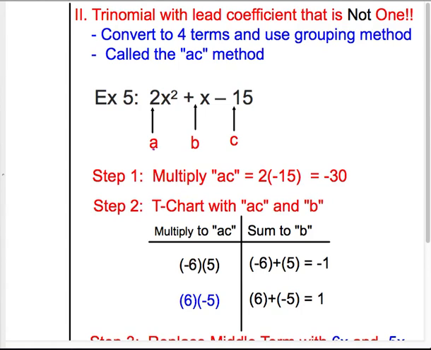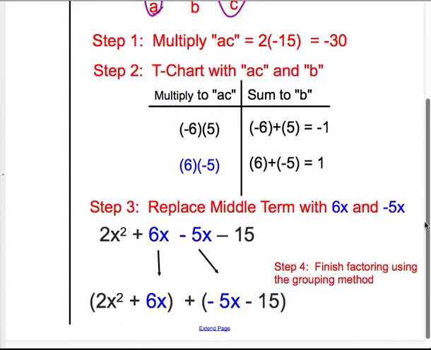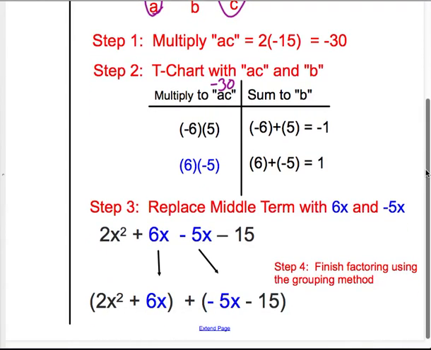Our A is 2 and our C is negative 15. So 2 times negative 15 gives us negative 30. Then we set up that T-chart we just looked at, multiplying to A times C, which is negative 30, and adding to our B term, which in this case is 1.